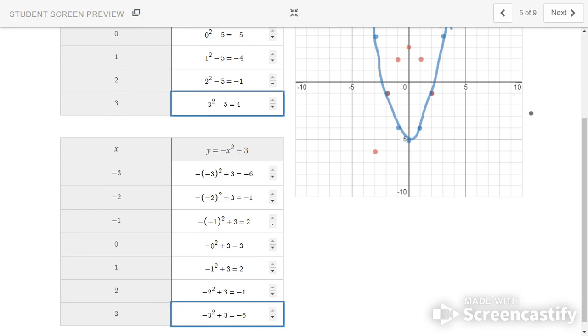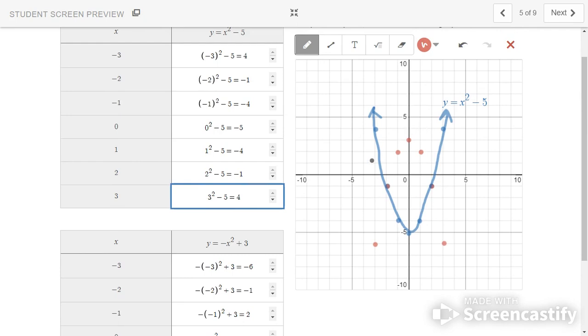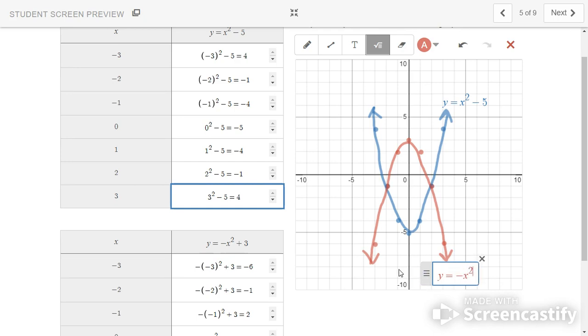And finally 3, -6. We have the shape of a parabola. Let's join the dots. And we have y is equal to -x squared plus 3.